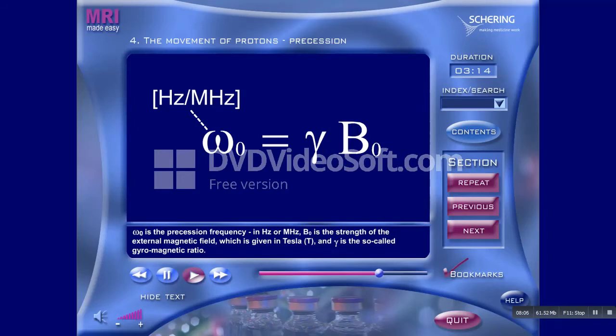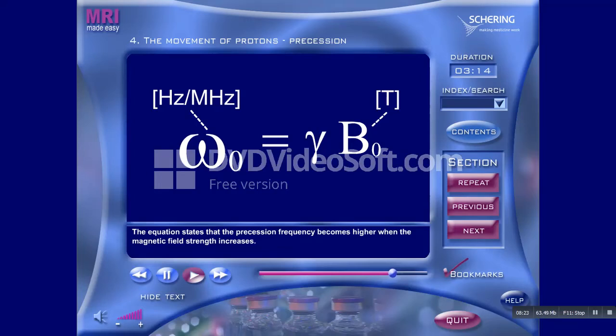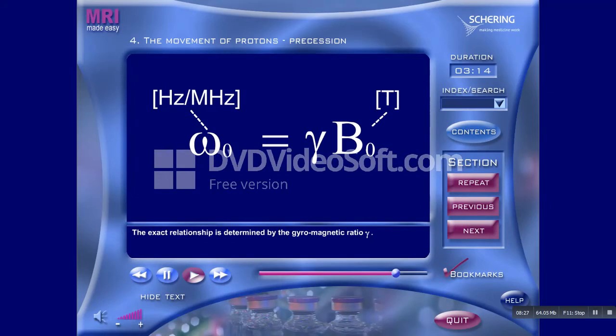B0 is the strength of the external magnetic field, which is given in Tesla, T, and gamma is the so-called gyromagnetic ratio. The equation states that the precession frequency becomes higher when the magnetic field strength increases.